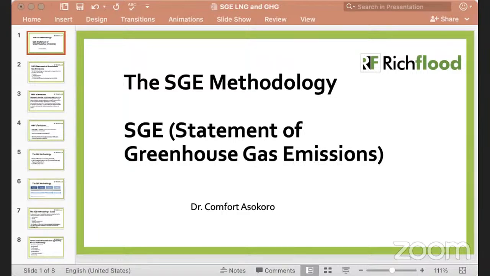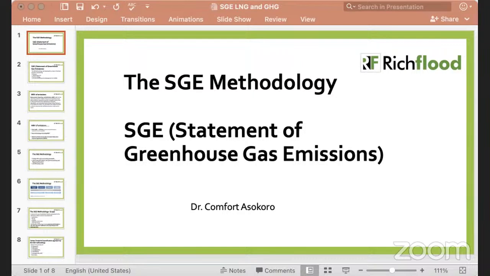We need to understand it, and the emission sources across the value chain. We need to check the emission sources, the primary data collection, the available secondary data, and the available standards that we could use for the LNG sector.